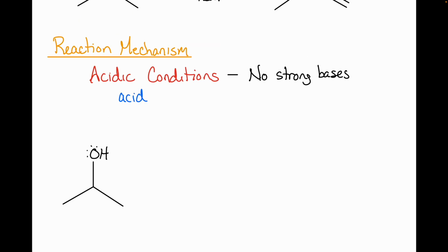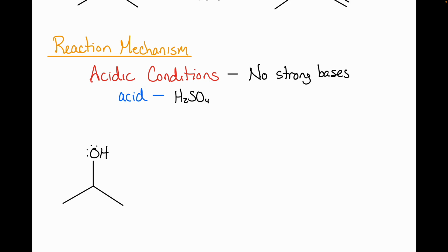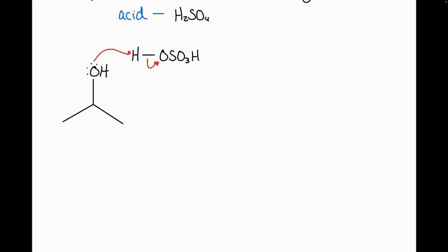Our acid, because we don't have any water present yet, is going to be that sulfuric acid. So my proton donor here, I'm going to get lazy and draw the condensed form of sulfuric acid rather than the full Lewis structure. But my first step, just like we saw before, is to convert that oxygen into a good leaving group by protonating it.